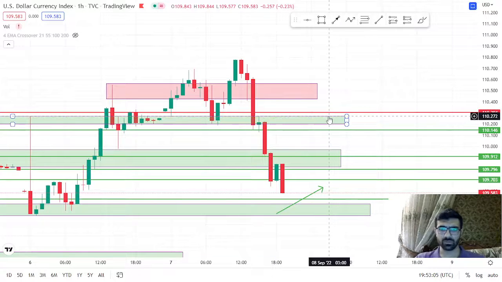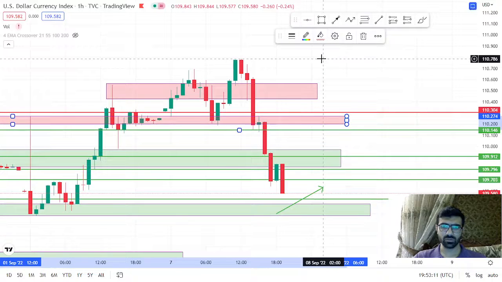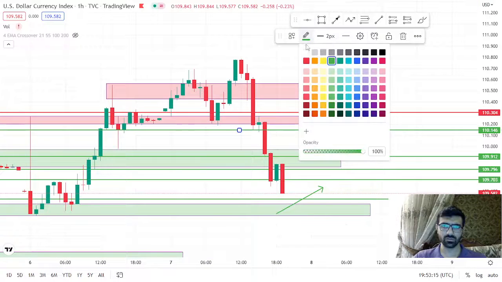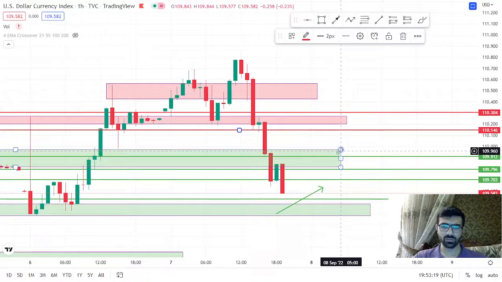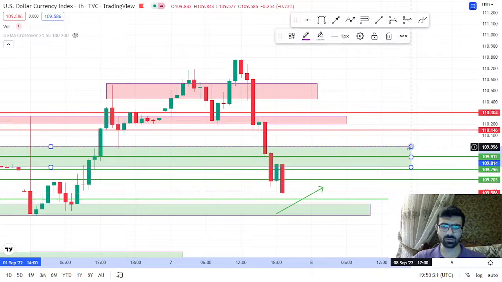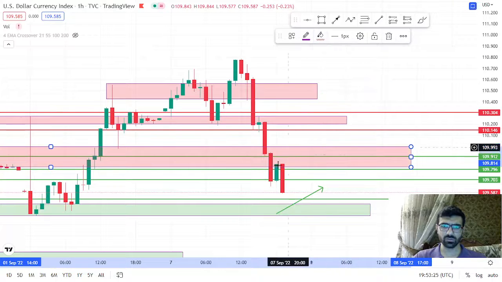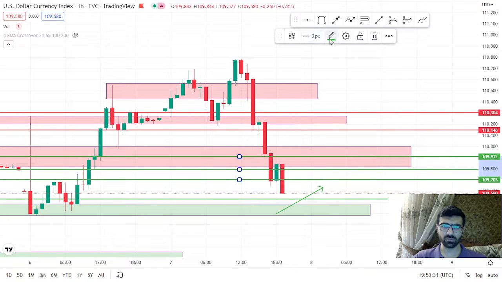So now all these areas are going to be in red color, and this line is also going to be in red color, and this area is also going to act as an area of resistance, and these two lines are also going to act as an area of resistance.